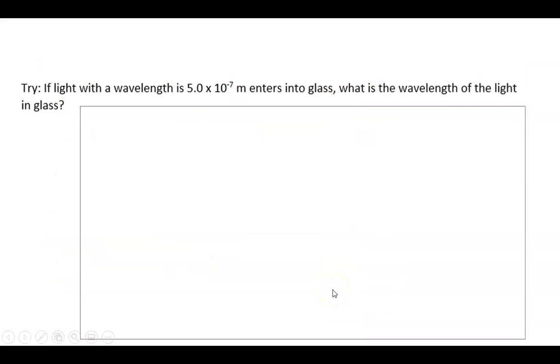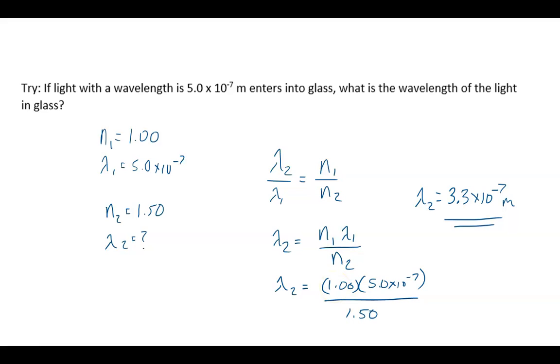So pause the video, give this one a try, see if you've got it. Okay, welcome back. You should acknowledge the fact that you are looking for a wavelength in this case, and finding wavelength 2 is going to be the easier route, and you'll find that that is going to be 3.3 times 10 to the negative 7.